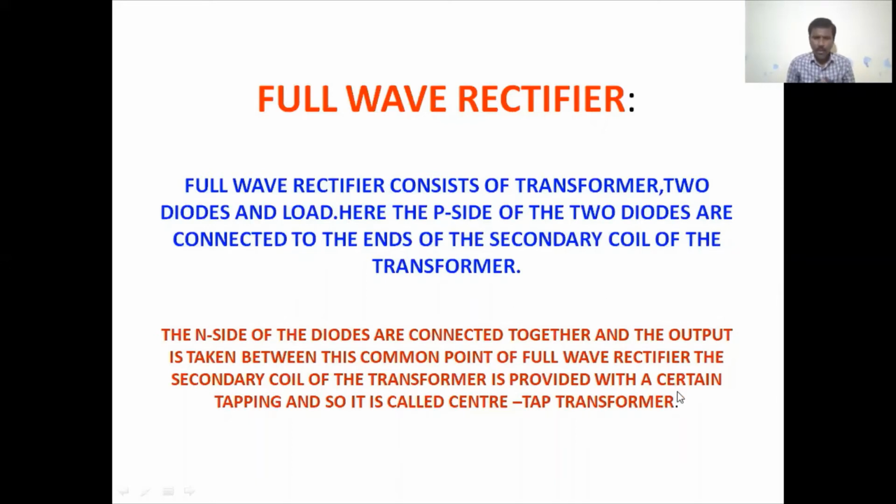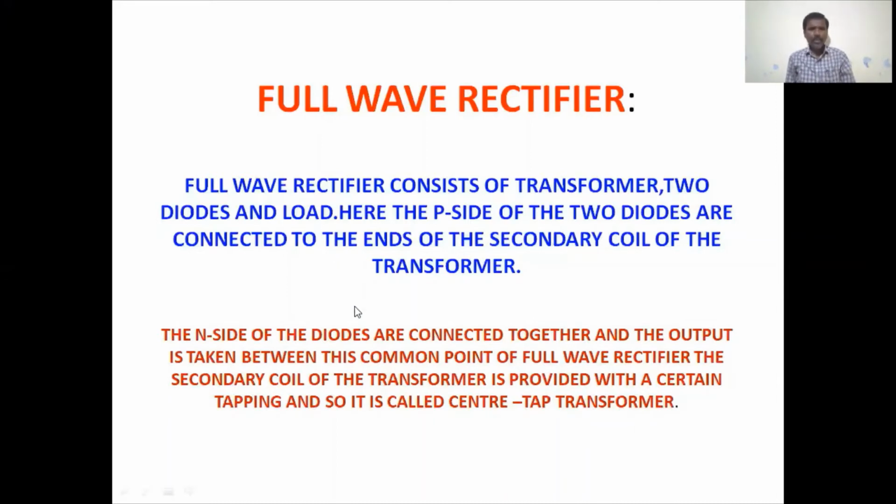That is, there are two diodes in the full wave rectifier, and the positive terminals of these two diodes are connected to the ends of the secondary coil of the transformer. A full wave rectifier consists of a transformer, two diodes and a load resistor.